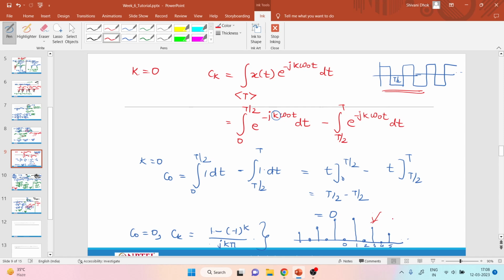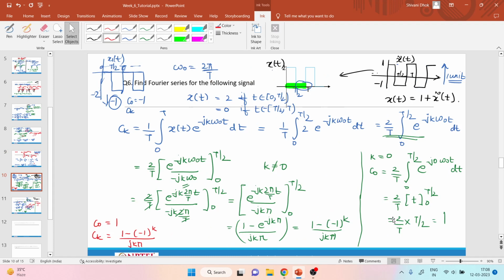This kind of analysis helps a lot when we need to design systems. This may not be clear in Fourier series, but once the Fourier transform is covered, we'll see that this representation, this visualization, helps a lot in designing filters and other things. That's why this analysis helps.